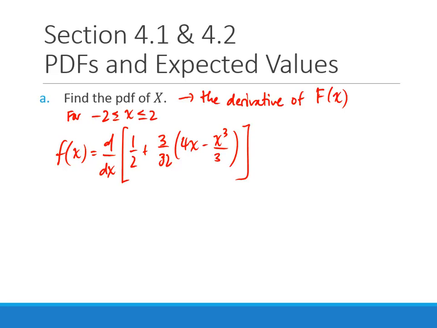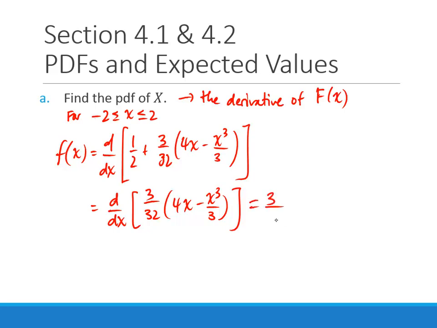Okay, practice here. Derivative of a constant goes away, so we have the derivative with respect to x. I can pull the constant out, 3/32. What's the derivative of 4x? It's just going to be 4, since the derivative of x is just 1.